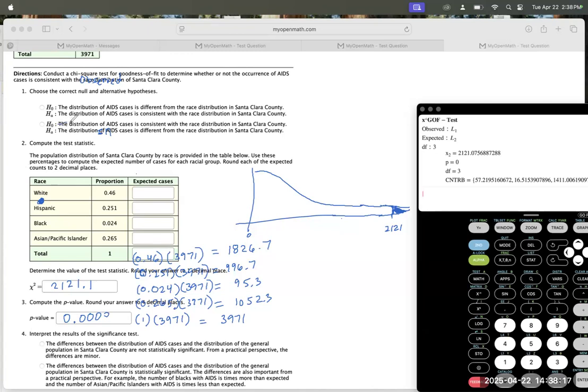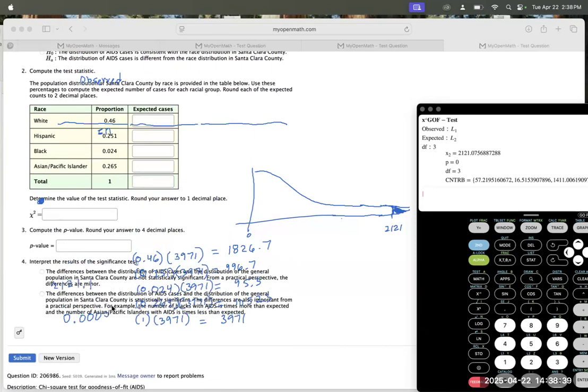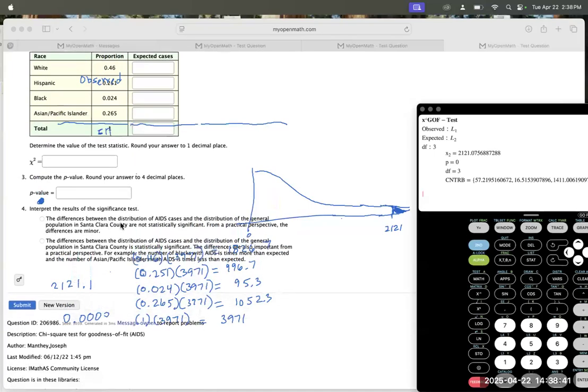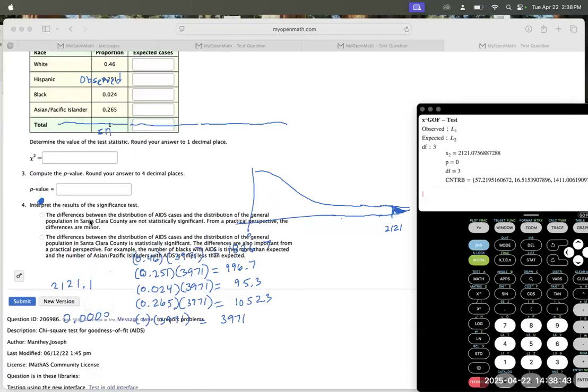That means I'm rejecting the fact that it's consistent with the distribution. So we think the distribution of AIDS cases is different from the race distribution.